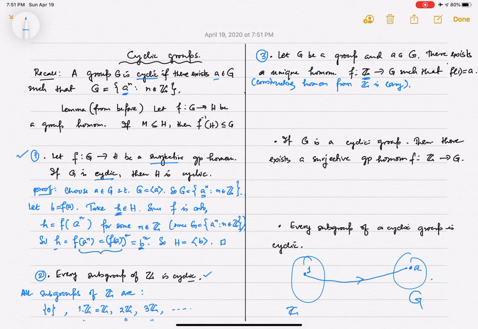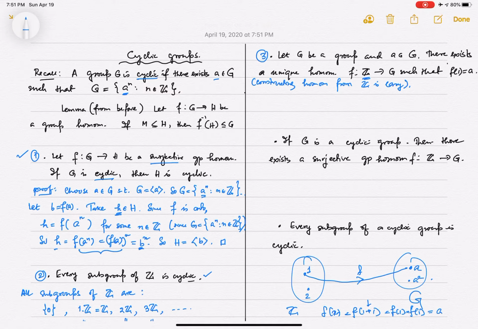Once you know where 1 goes, 2 has to go to a square. Again, because of the homomorphism property, you see, because f of 2 has to be f of 1 plus 1, which is f of 1 times f of 1. By the way, the operation in Z is called plus, whereas in a general group, we write it as a dot. So that's why the plus here and a dot here.